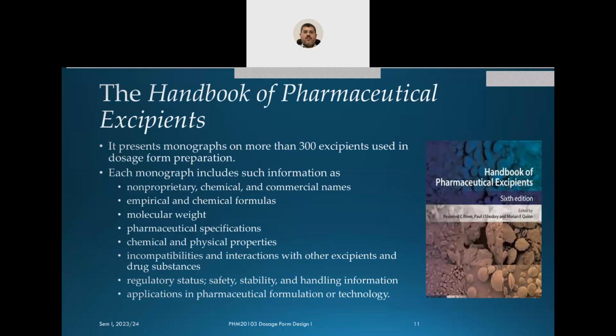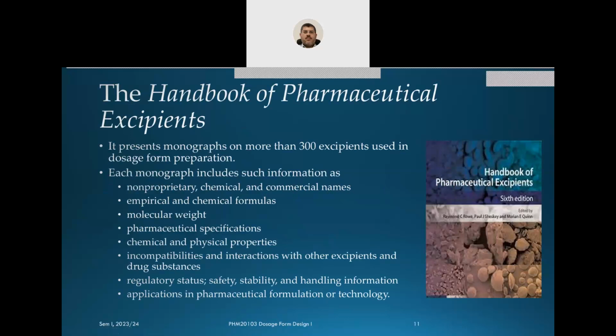What is the chemical structure? What are the different grades available in the market? What are the physical properties? What are the uses? In which ratios can I use them? If I just want more information about it, then your preferred reference should be the Handbook of Pharmaceutical Excipients.